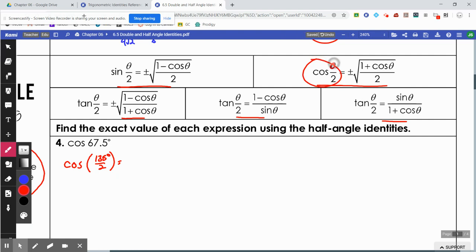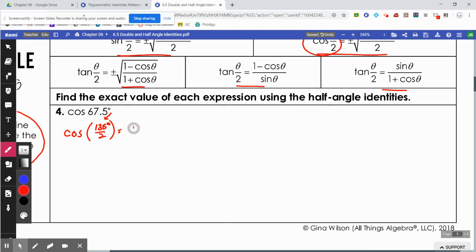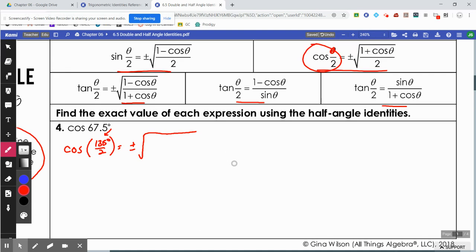So what's in the place of my theta? 135. So it is equal to plus and minus, and I'm going to simply plug it into my formula. The square root of 1 plus the cosine of theta. Now again, what was theta right here? It was the 135. So 1 plus the cosine of 135, over 2.